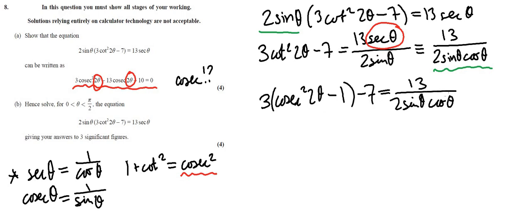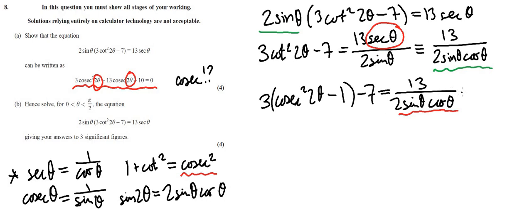So let's now deal with this double angle here. Now, 2 sine theta cos theta, we should know that basically sine of 2 theta is equal to 2 sine theta cos theta.